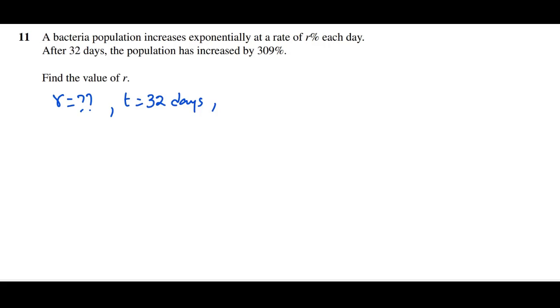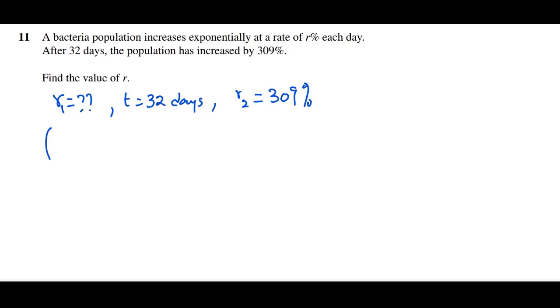So we have another one. Let's call this R1, which is not known, and then R2 is 309%. Okay. So now we are going to use purely the multiplier. There's no old value, there's no new value given here. So we have a multiplier.